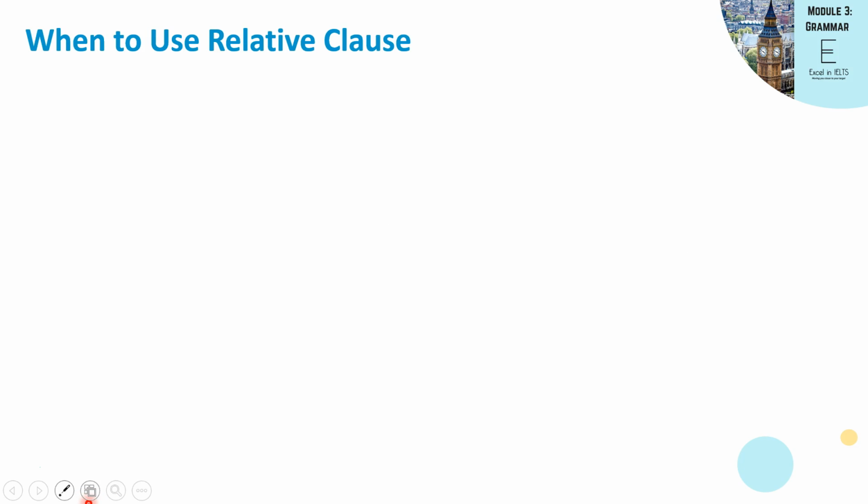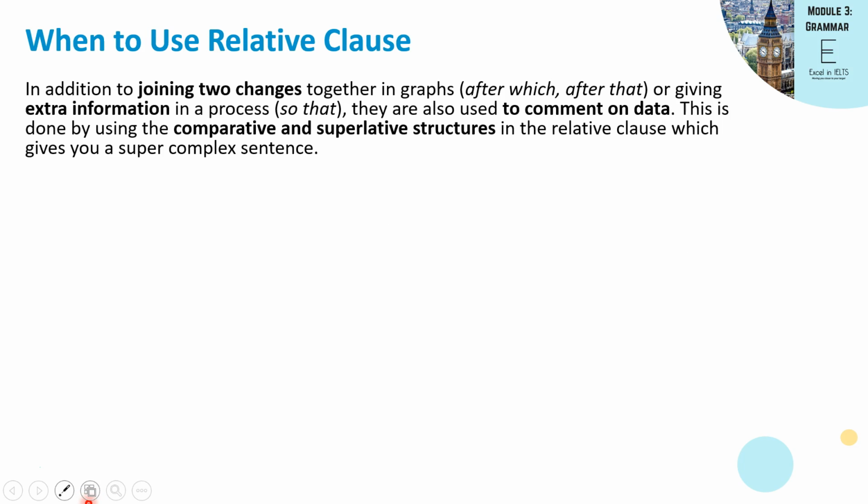So when do you use relative clauses? Now, other than to join two changes together using after which and after that, or to give extra information in a process like so that, they're also used to comment on data. That's really important. They're used to comment on data, which means that you're using a non-defining relative clause.